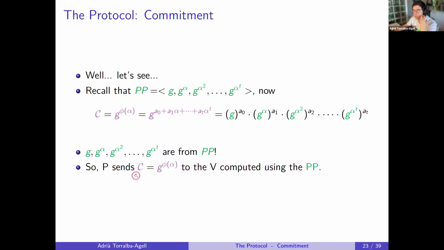We are not committing a whole polynomial. We're committing to a number at the end of the day. Is it clear? If not, please type on chat or go ahead and ask directly using the microphone.